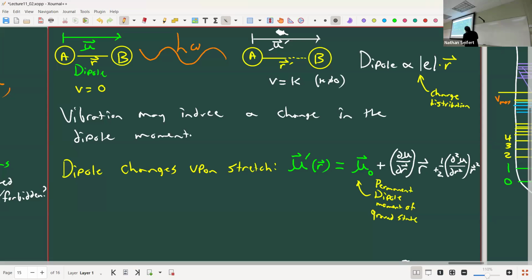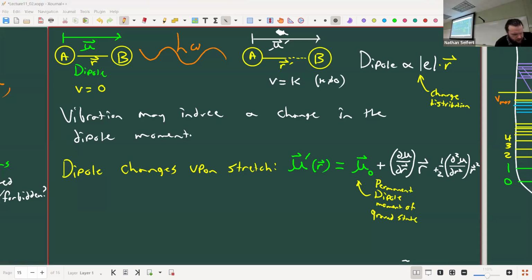If we want to think about how the dipole changes as we stretch, we want to plot the dipole moment as a function of the bond length. That's all I'm doing here, and I'm looking at what that looks like. Let me show you two examples of that. I actually pulled some up today.